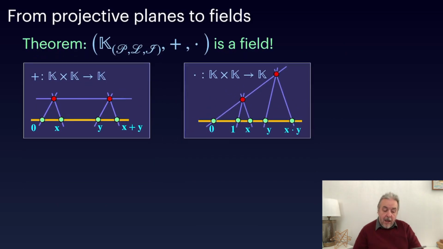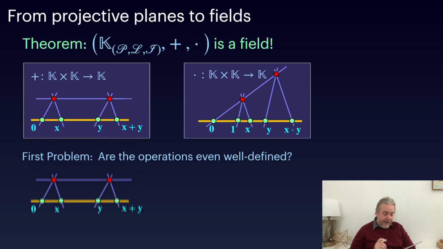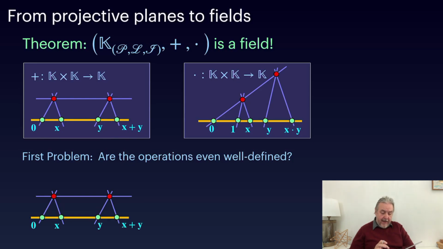So let me sort out what we have to do and where the problems are. You may have already recognized the first problem that arises is the question, are my operations even well defined? Are they reasonable? Do they define an operation? Because if you look at those operations, they were not strictly defined just by x and y.